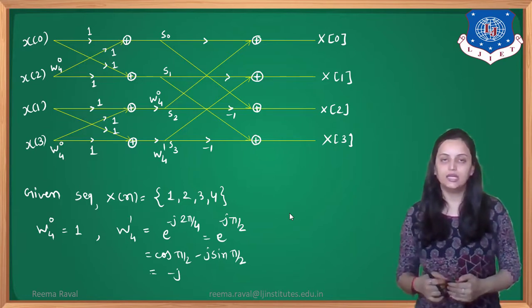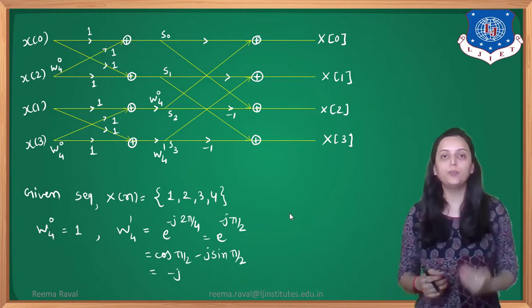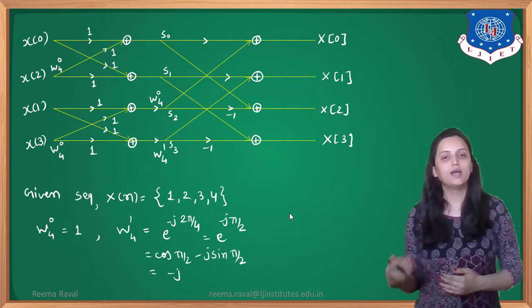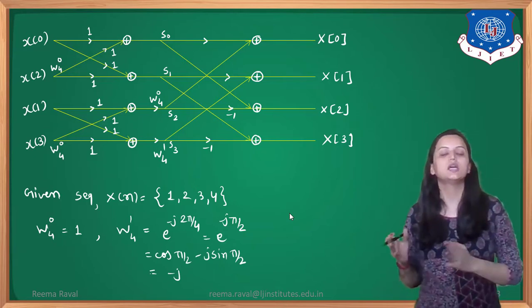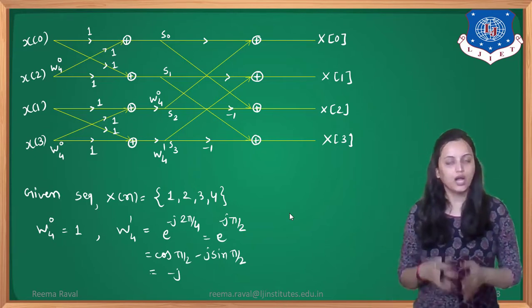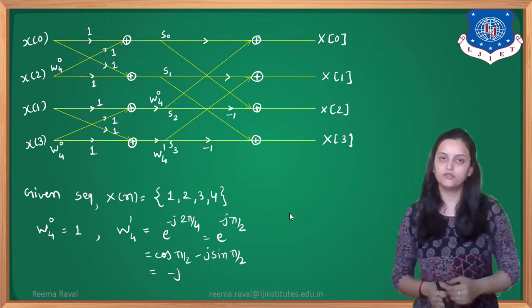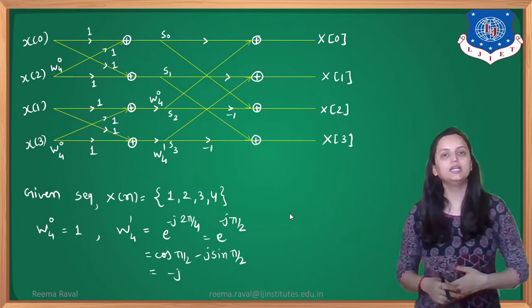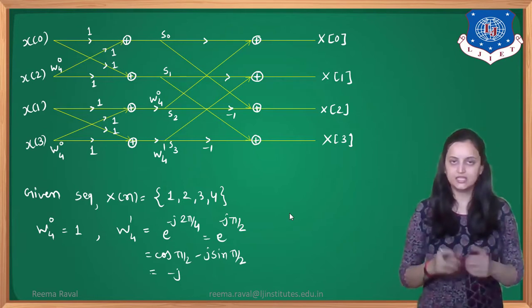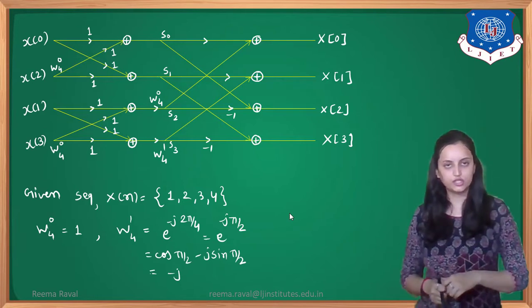Then W4 1 equals e raised to minus j 2 pi by 4, that is e raised to minus j pi by 2, which will give cos pi by 2 minus j sin pi by 2. So the answer of W4 1 is minus j. Okay, so we have found out the twiddle factors for this N equals 4 structure.